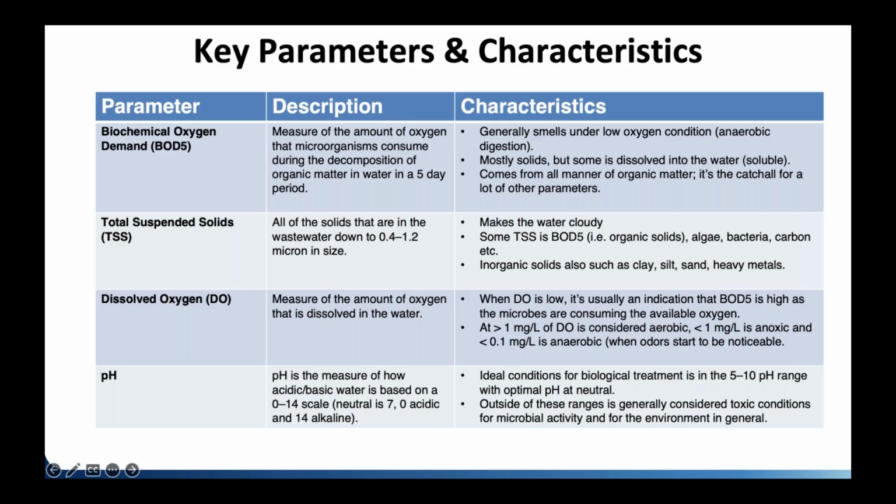They basically use that to derive how much organic material there is, because the bugs are consuming the organic material and consuming oxygen at the same time. So generally speaking, the lower the DO delta, the higher the BOD. And so it's really just a proxy for how much waste.